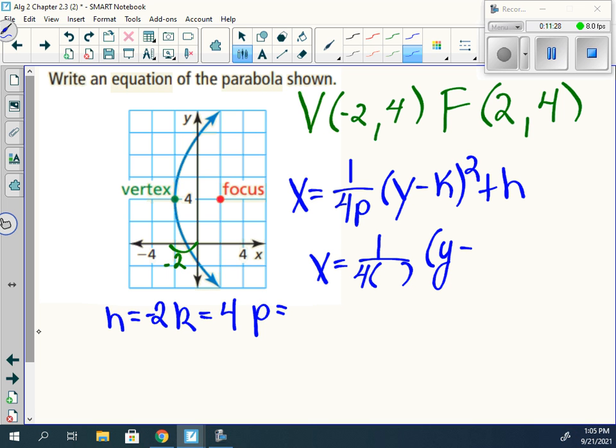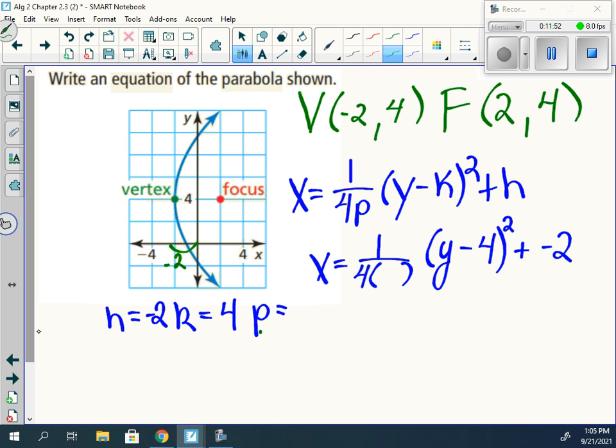Y minus k is going to be y minus 4, close parentheses squared, plus negative 2. So the main thing we need to do at this point is to find the value of p.